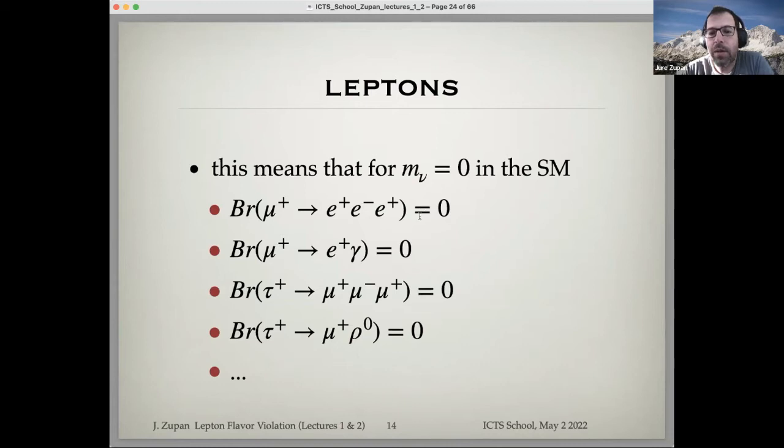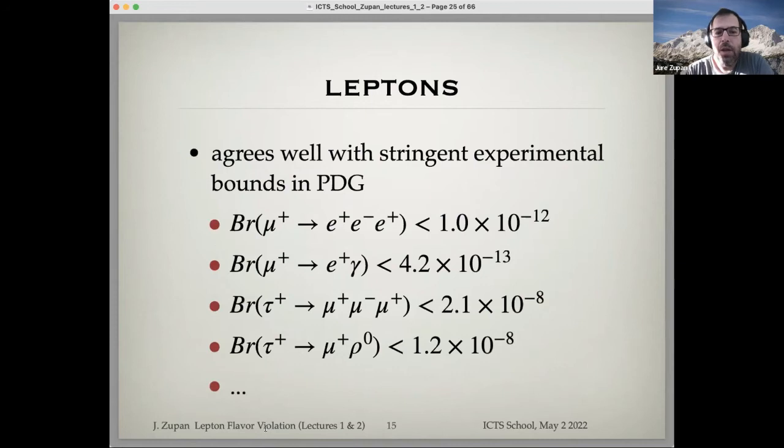It breaks the flavor, so it's zero in the massless limit. The same for mu to e gamma, tau to 3 electrons, tau to mu rho, and so on. There are many modes that you can write out. They're all zero, but if I open the PDG, it's pretty well obeyed with what you see.